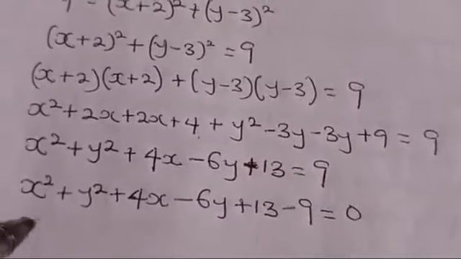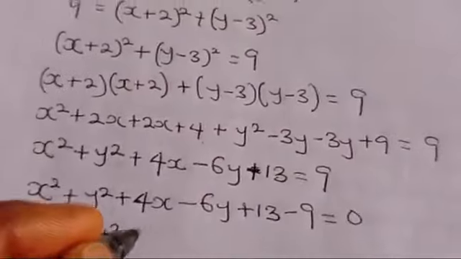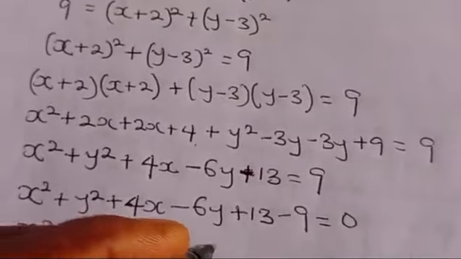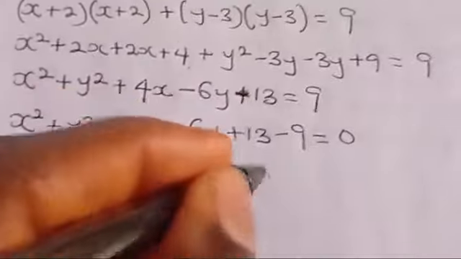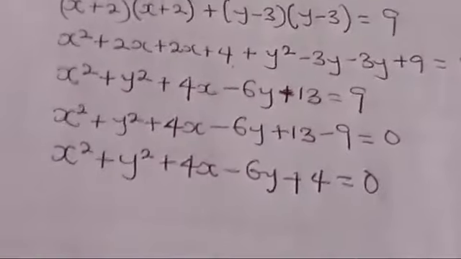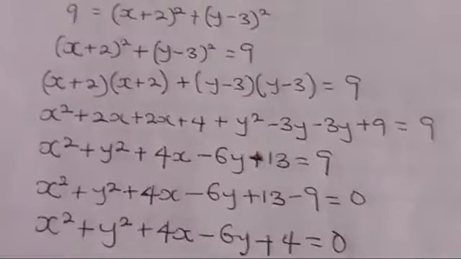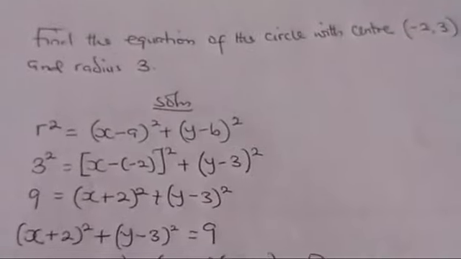And finally we have x squared plus y squared plus 4x minus 6y plus 4 equal to 0 as the equation of that circle with center (-2, 3) and radius 3.